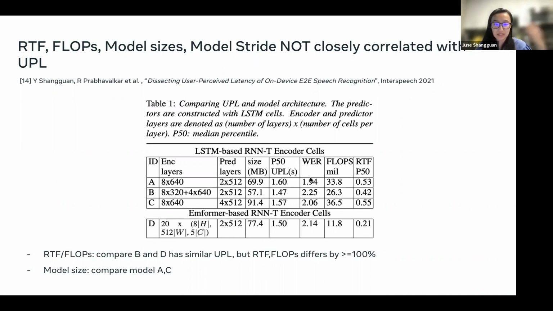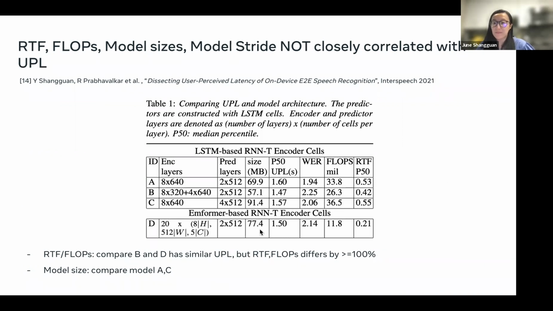I want to draw your attention to this table. It's pretty dense, but the A, B, C on the top are LSTM based. We use LSTM cells to build out this RNN-T. And model D uses the Emformer, the efficient transformer, to build the RNN-T. If you look at the sizes, they're converted into MB, but it's equivalent to millions of parameters.